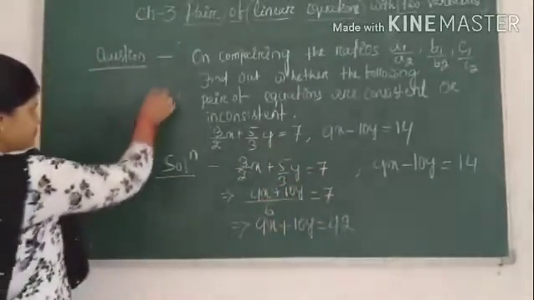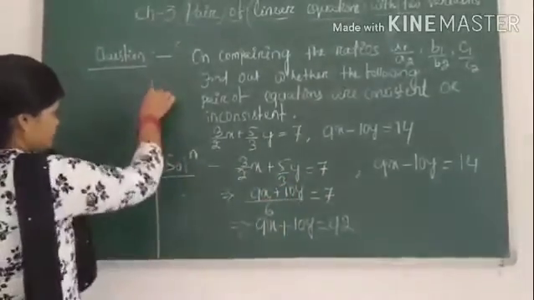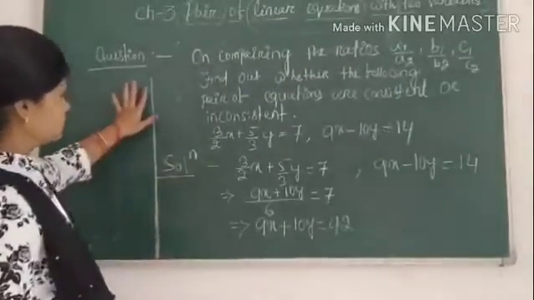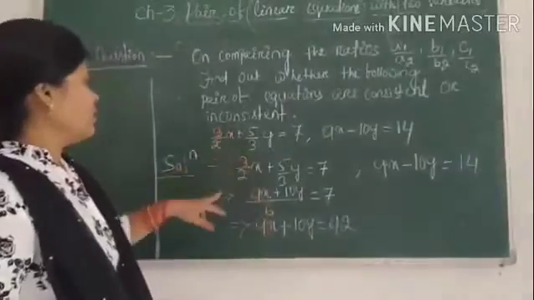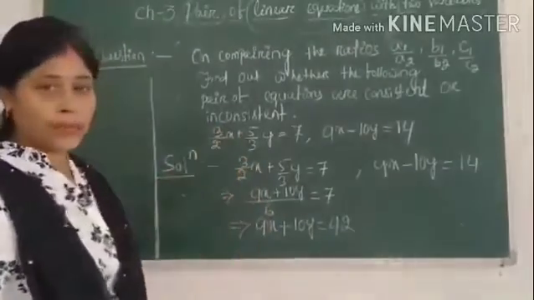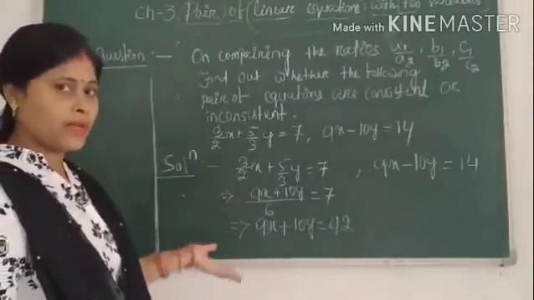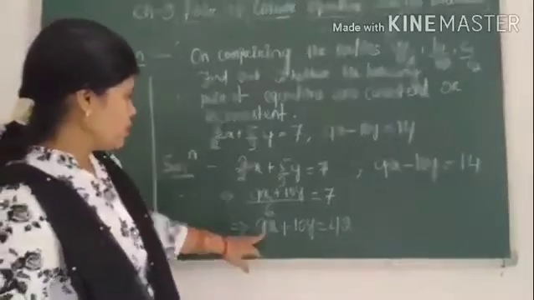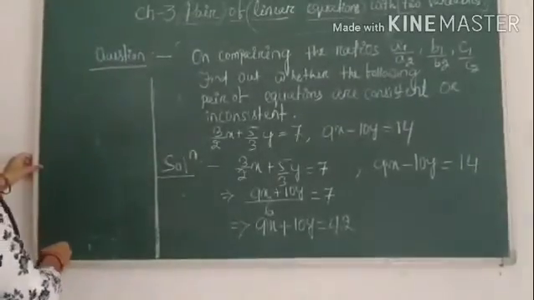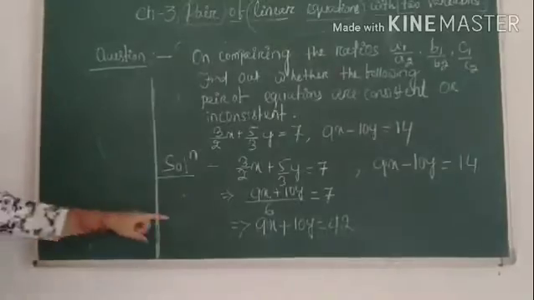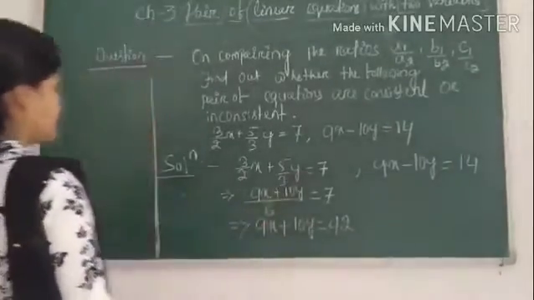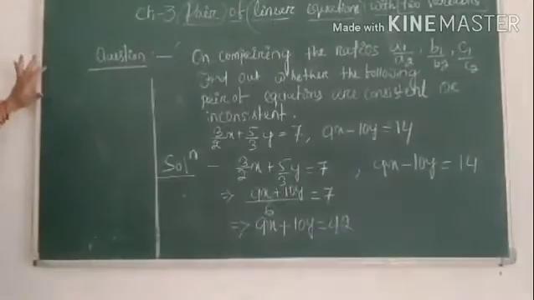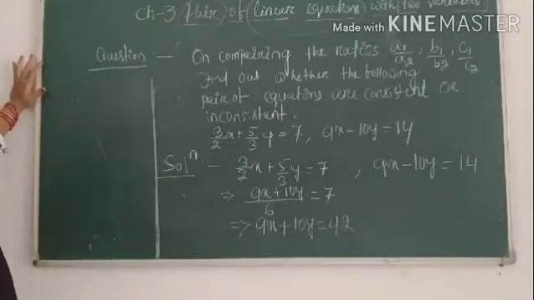Then you have to find out first A1 by A2, B1 by B2, C1 by C2. Here after that you have to compare the coefficients. Means you have to find out A1 by A2, B1 by B2.